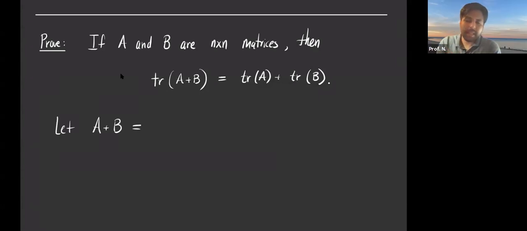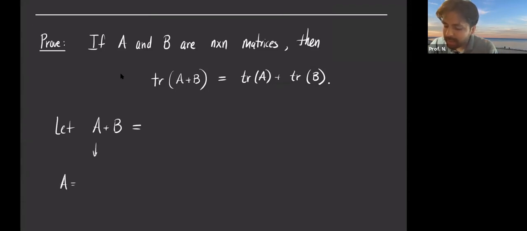When you prove something like this, we're proving a generality. Choosing a specific case shows that what you're proving is true in a particular case, though I want to prove it for all such cases. So that's where the notation comes in. When we do A plus B, what are we saying? Remember how we denote A?